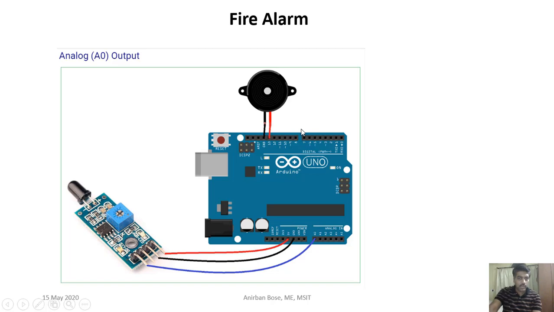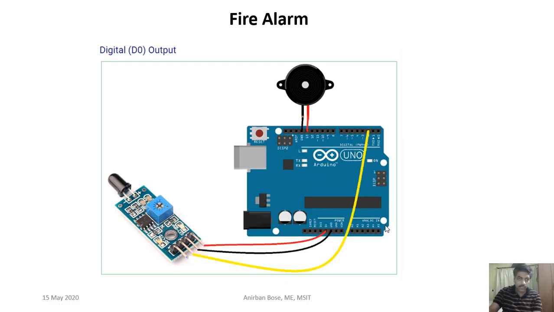Here you can see the digital input pin, and the previous one was the analog input pin. Okay, now the buzzer will be set at a particular tune for a particular condition. That program you have to give in the Arduino.